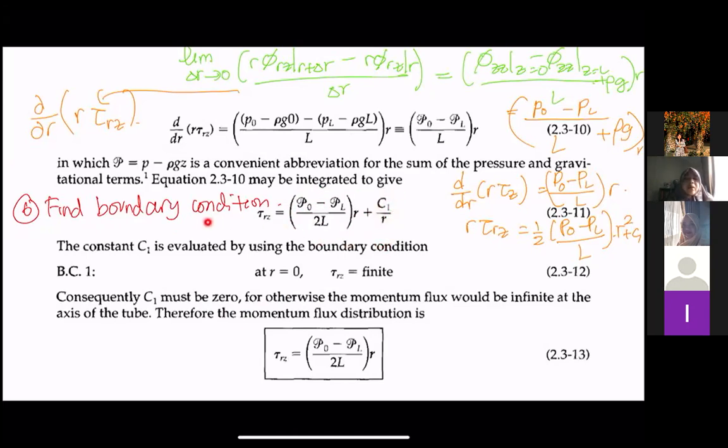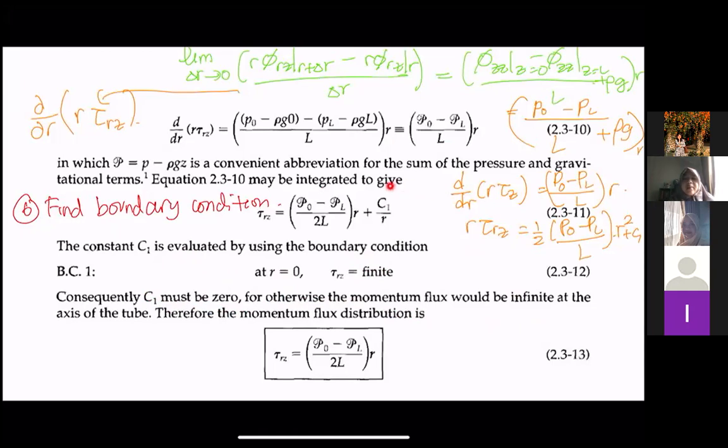So the constant C1 is evaluated by using the boundary condition, which is at R equal to 0, tau rz is finite. Consequently C1 must be 0, for otherwise the momentum flux would be infinite at the axis of the tube.